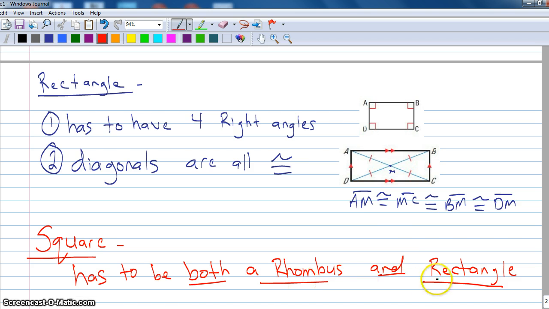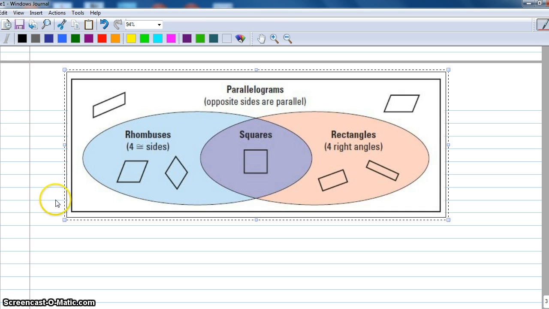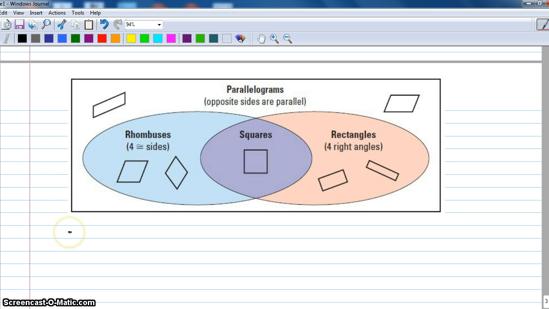Well, a rectangle, no, look, that's a rectangle, it's all squished, doesn't look like a square. Well, it's a rectangle because it has to have all 4 90 degrees, and the diagonals are all congruent, and it has the properties of the rhombus, which are the ones we just went over. That's why it's so special. It's a special shape. If that didn't help you memorize it, look at this Venn diagram.